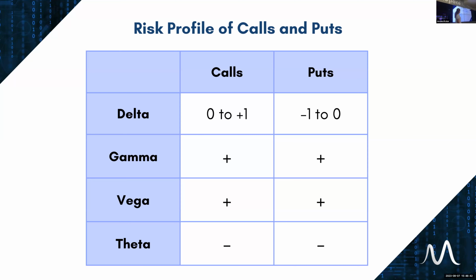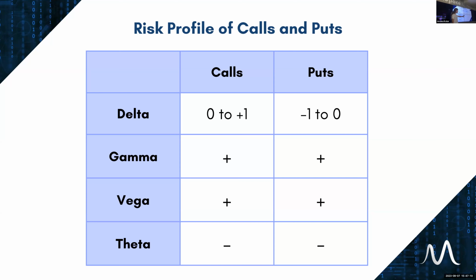The gamma is the change in the delta with respect to the underlying, and calls and puts both have positive gamma. The Vega is the change in the option price with respect to the volatility, so the more volatility you have, the more you would pay for both calls and puts. And to be receiving all this, you have to be paying theta, so calls and puts both have negative theta.